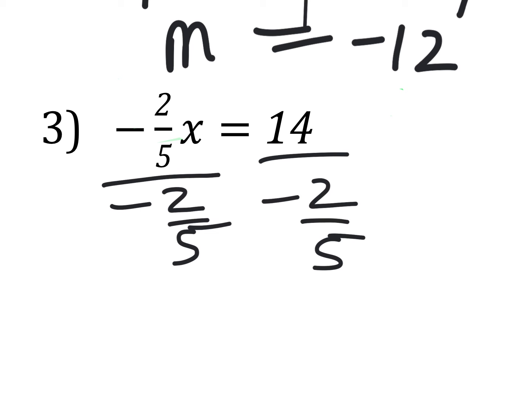So if you typed it into your calculator correctly, that should have left you with what, negative 35. Yep. So yeah, Julian, that's totally fine if you want to do it that way. 2/5 is sitting next to the x, which means multiply. Just divide both sides by negative 2/5. That works. Or you can multiply both sides by 5 and then divide by 2. Either one is going to get you the exact same answer.